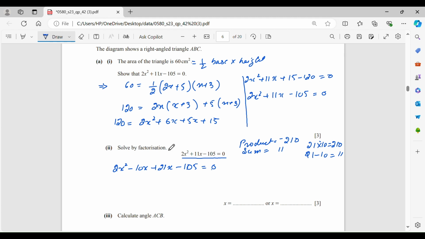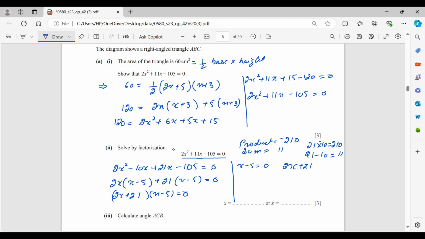Now we will take the common factor 2x, that is x minus 5 plus 21 into x minus 5, equal to 0. That means 2x plus 21 and x minus 5 is equal to 0. That is x minus 5 equal to 0, and 2x plus 21 equal to 0.